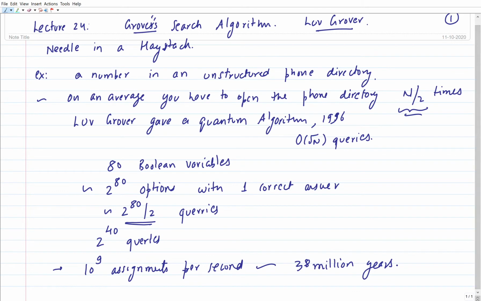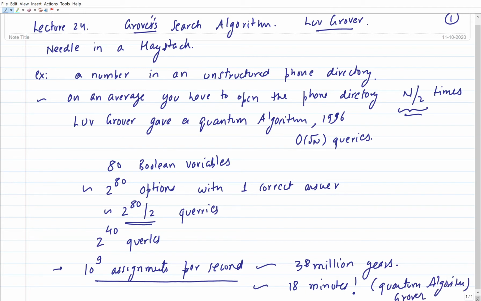But with Grover's algorithm, assuming the same number of assignments per second, you can reduce this to 18 minutes. This is the quantum algorithm, Grover. If you look at it, this is a tremendous speed up: 18 minutes compared to 38 million years.